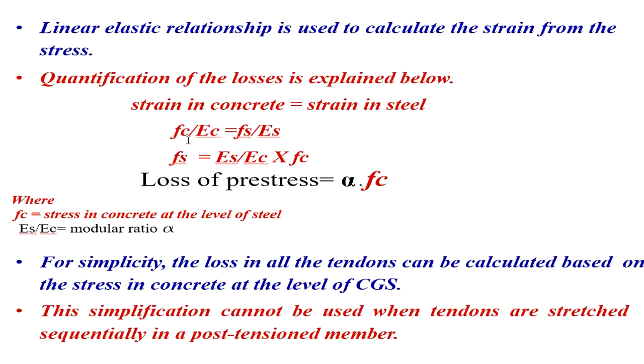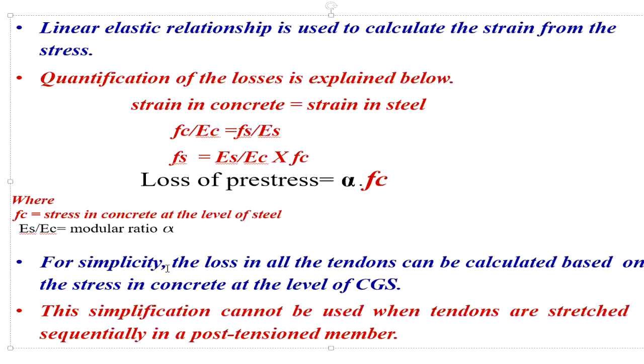Then stress in steel divided by Young's modulus of steel is the strain in the steel. Therefore, we can find Fs, the loss of pre-stress, is equal to Es by Ec into Fc. That is the loss of pre-stress. Es by Ec is the modular ratio, denoted by alpha. Fc is the stress in concrete at the level of steel.